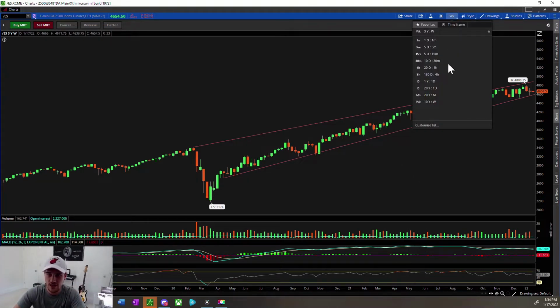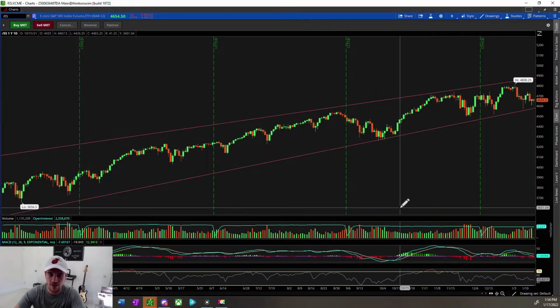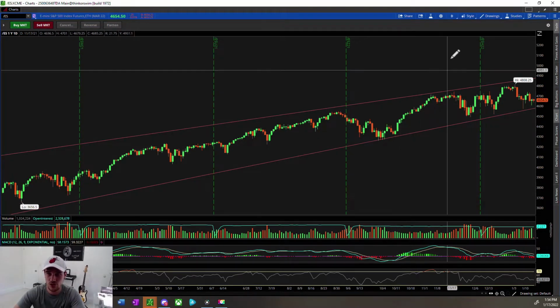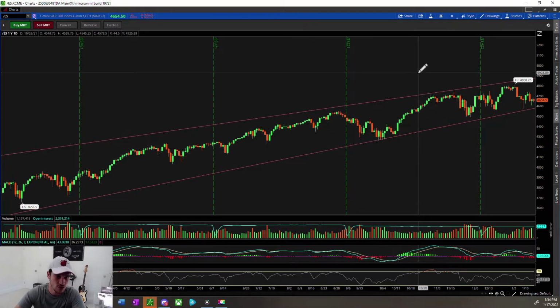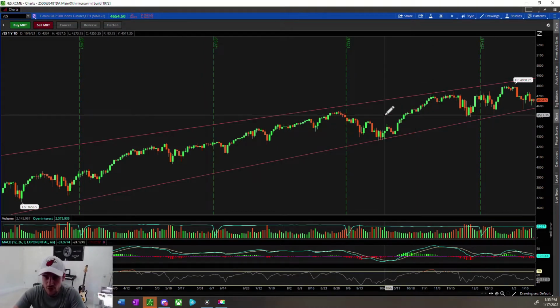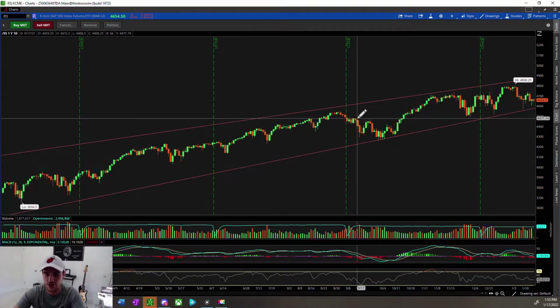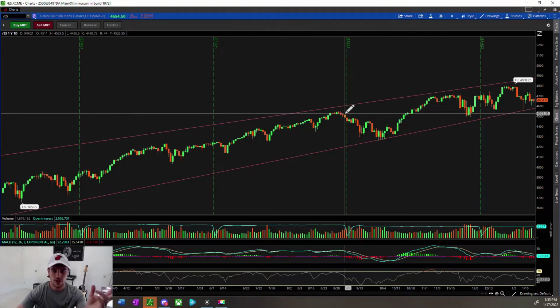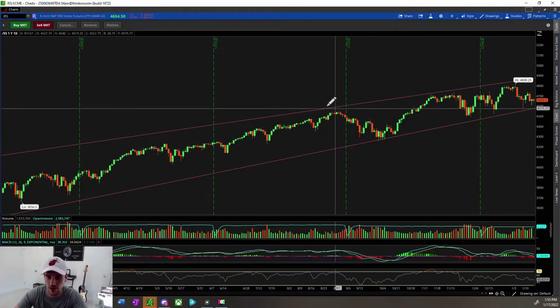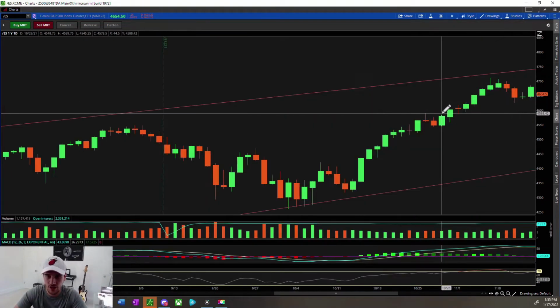So let's move to the daily chart so that we can identify some points and some examples that I can show you. Still having my drawing cursor here, let me show you this one. If you guys remember, last year we did have several really nice pullbacks in the market, and I'm going to focus on this area right here.